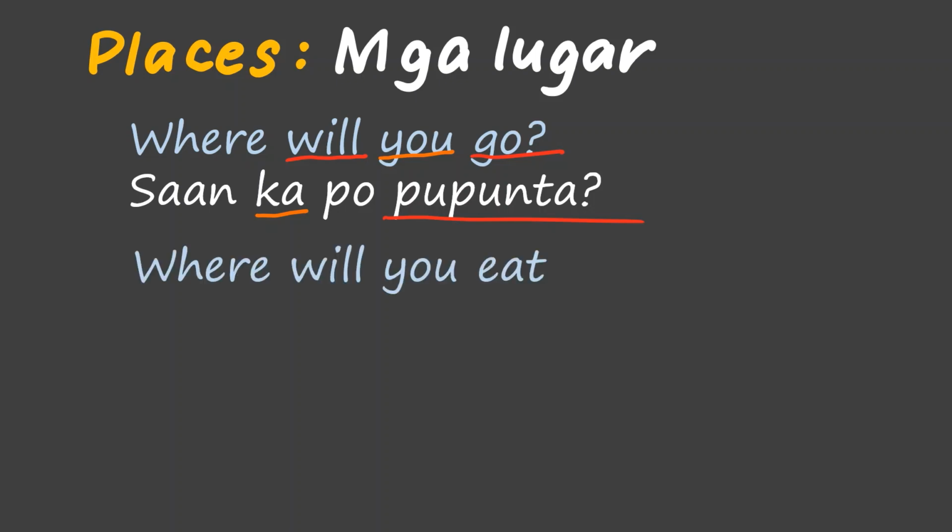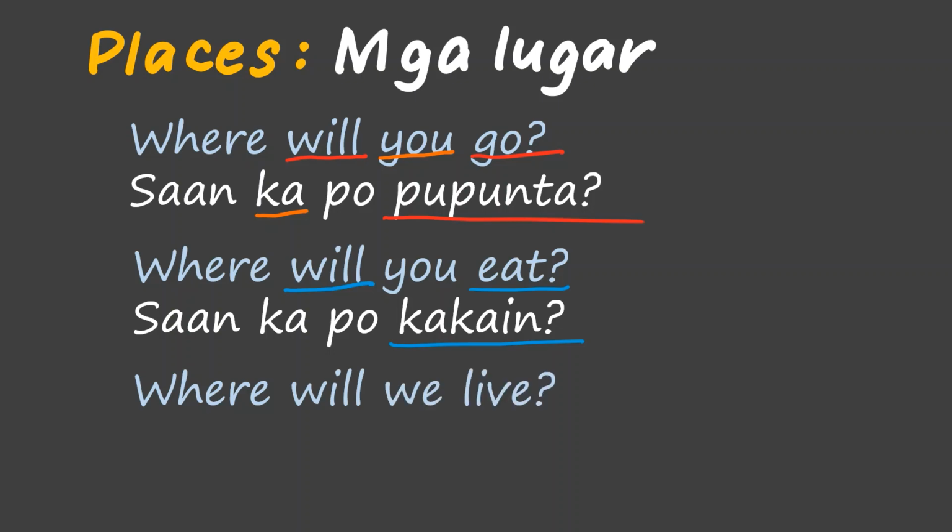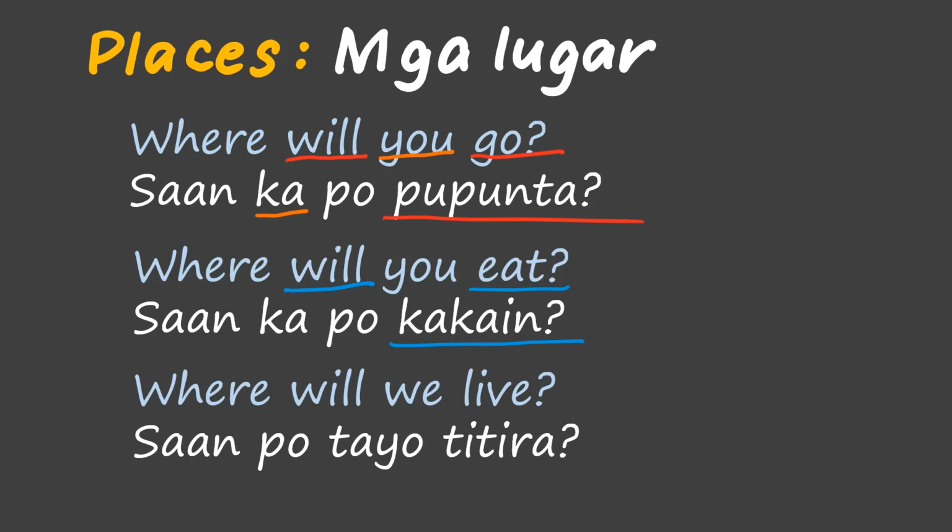Where will you eat? Saan ka po kakain? Will eat is kakain. And the third sentence, where will we live? Saan po tayo titira? Will live is titira.